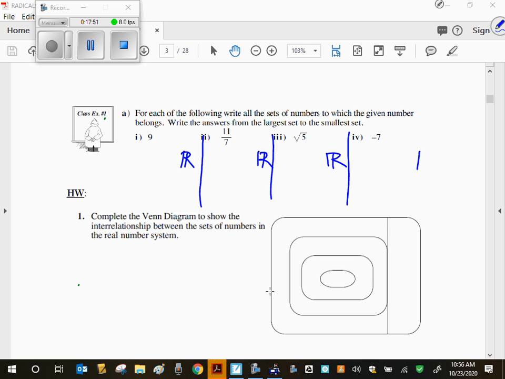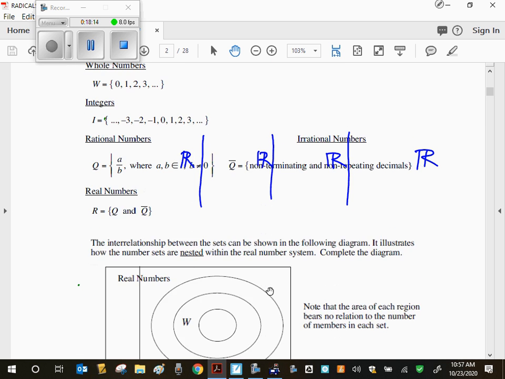Every single answer to a question like this includes real numbers. Sometimes that's half of your answer. Real numbers are all numbers. Now, we're going to go to 9.